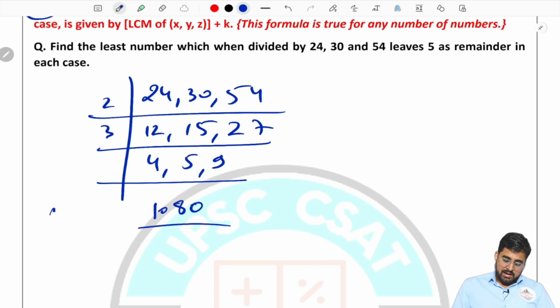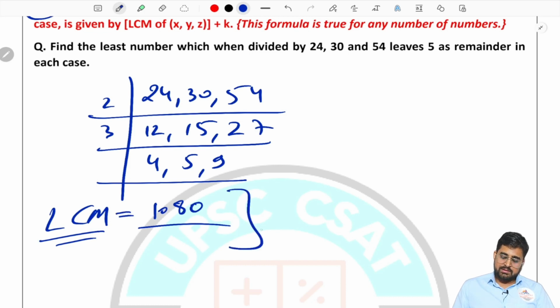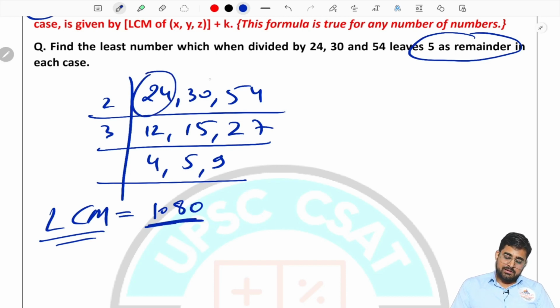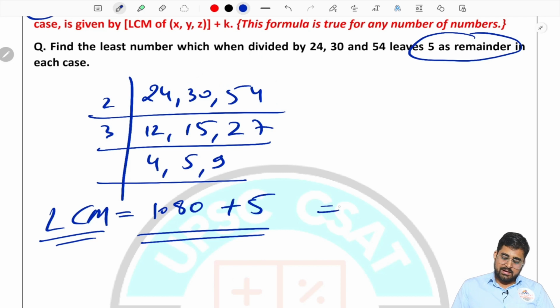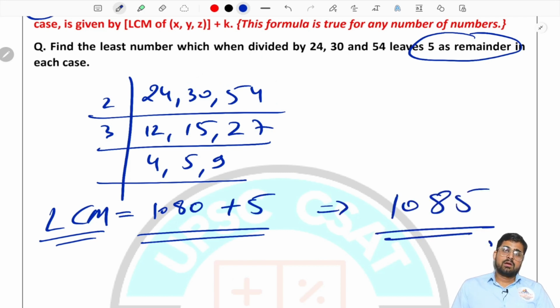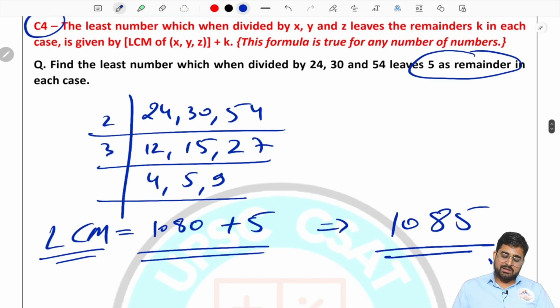So the LCM is 1080. Is this the answer? No, because we need remainder 5, and this will be divisible by all these numbers because it is the LCM. So we have to add 5 to get the desired number. So the answer will be 1085. I hope the concept is clear. Let's move to the next concept.